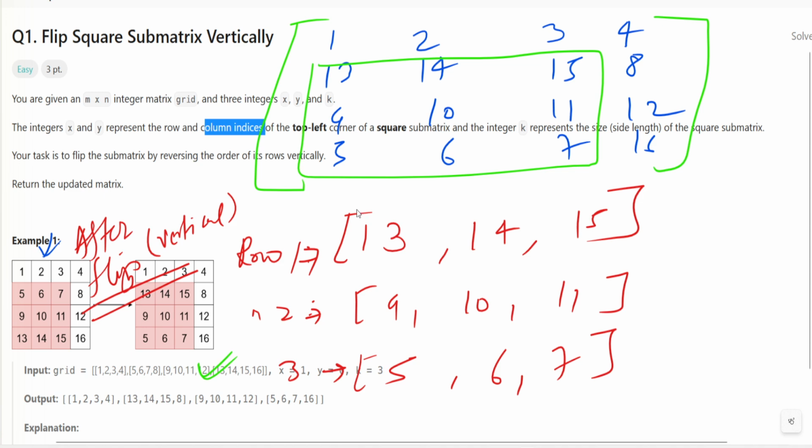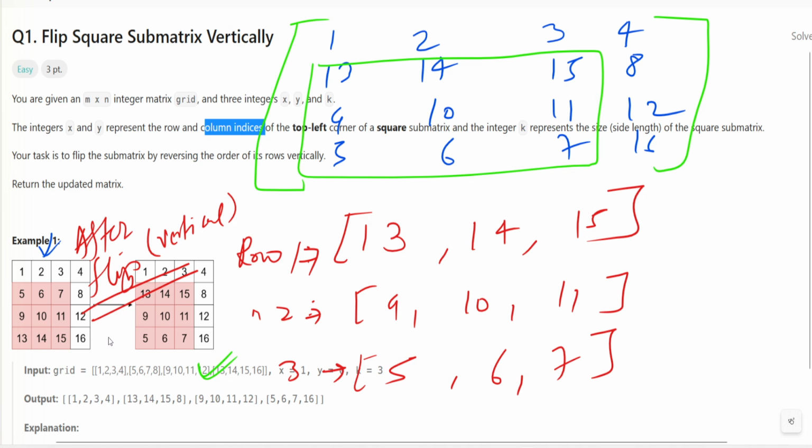So what is our intuition? When we flip a square vertically, it is basically turning it upside down, in the same space. We are not doing anything extra. This means the first row of the submatrix becomes the last row, and the middle row will remain the same.